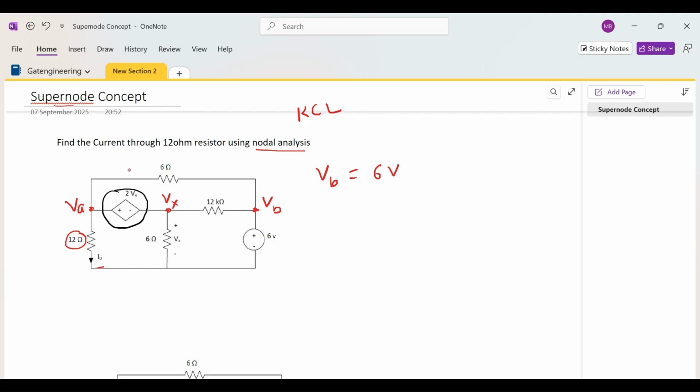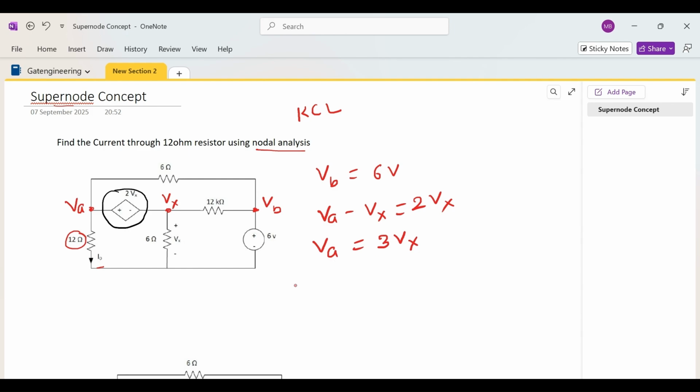So what we can do is find the voltage drop 2Vx, which is equal to Va minus Vx. So Va minus Vx is 2Vx. By using this equation we get the relation between Va and Vx: Va is equal to 3Vx. Now we will apply the nodal analysis at node Va.